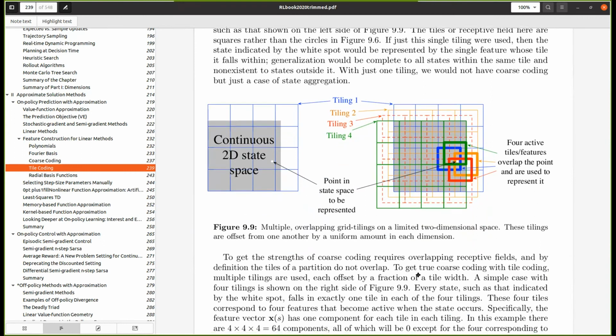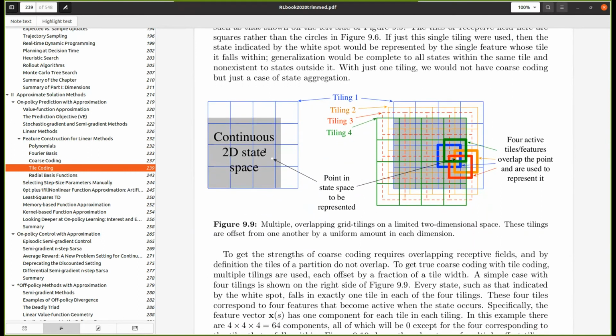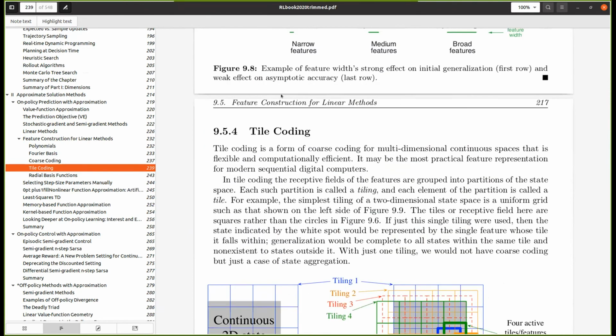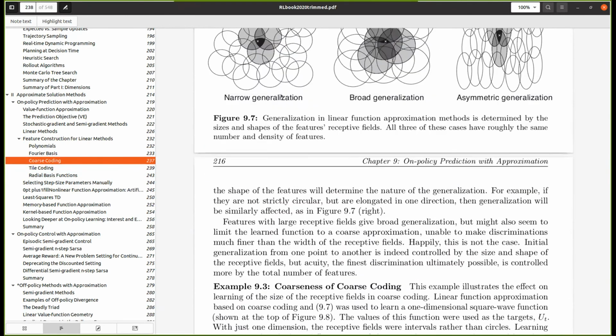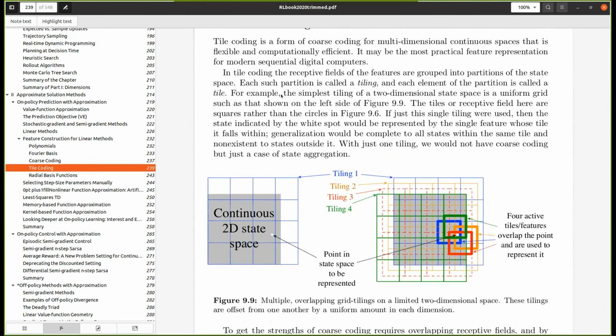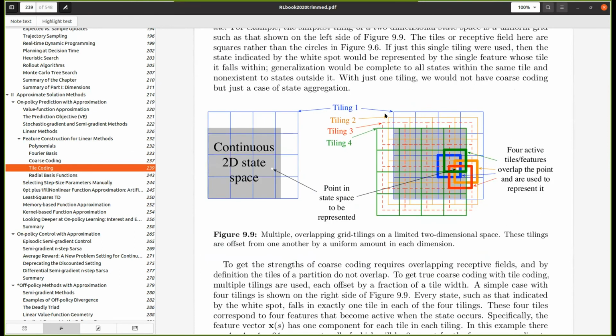We have this continuous 2D space, and instead of using random circles as we did here, we can produce a bunch of overlapping tiles, and we can do it deterministically and still get good features from that.